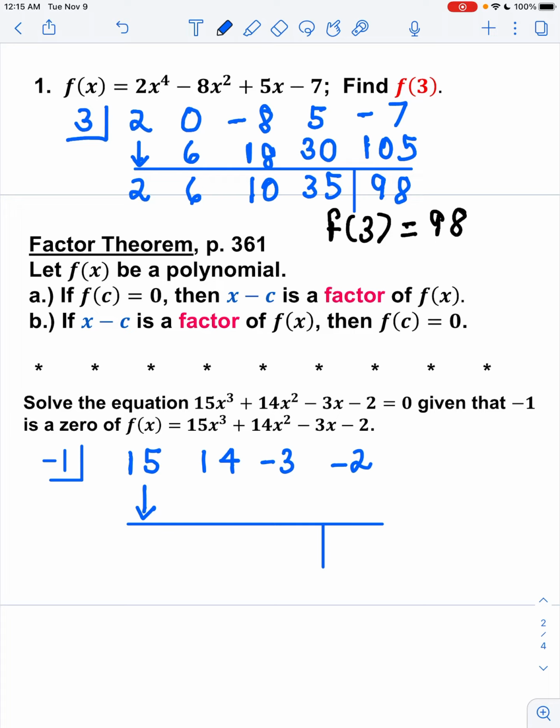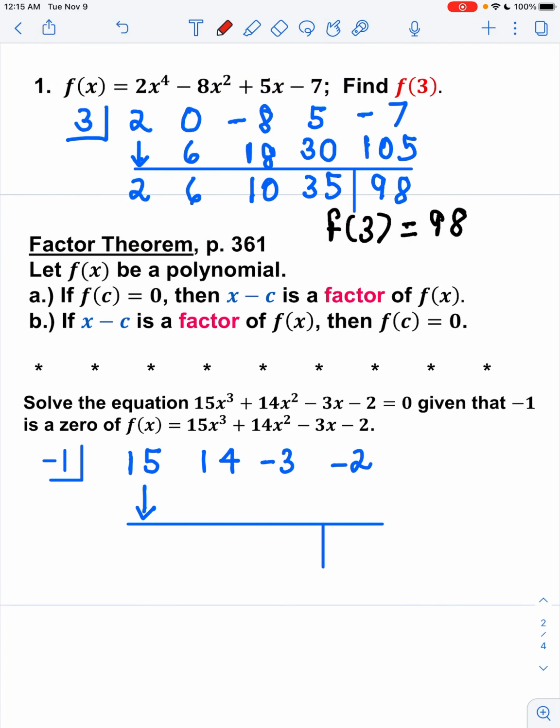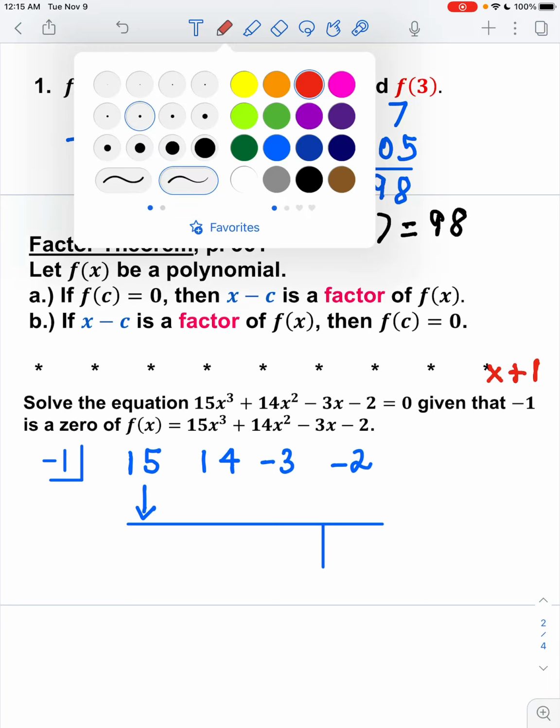It says solve the equation 15x cubed plus 14x squared minus 3x minus 2 equals 0, given that -1 is a 0 of the function. An alternative to saying that would be to say the factor is x plus 1, because if the factor is x plus 1, then the value of c would be -1.